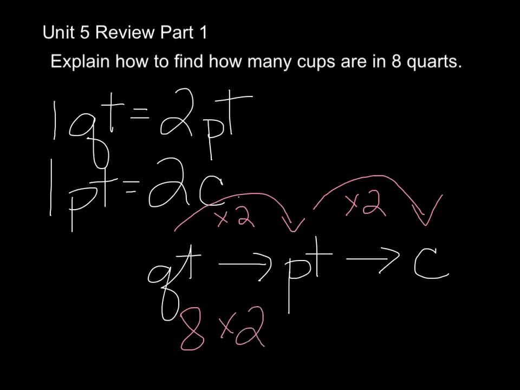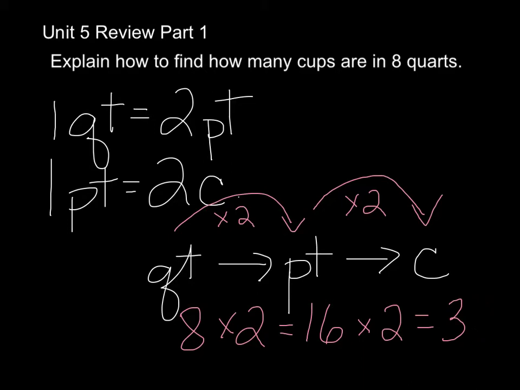And I find that's 16 pints. Then I can go from pints to cups by, again, multiplying by 2, because there are 2 cups in every pint, which means that I have 38. No, I mean 32. Silly me.